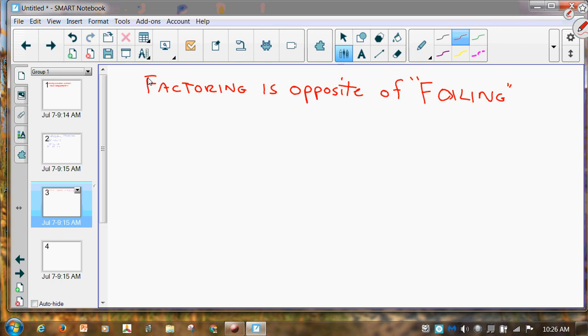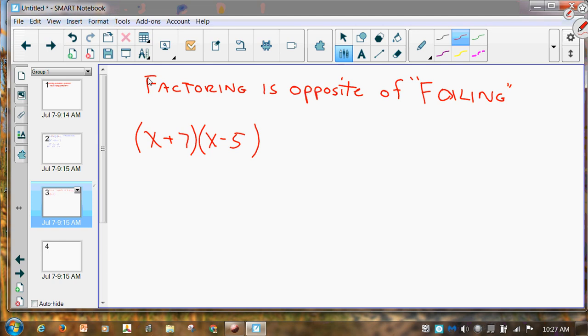Right? So let's just take a situation. Let's start with two factors, and you've been taught how to FOIL those to get a quadratic. So if I have x plus 7 times x minus 5, and if I do that, remember what FOILing means.